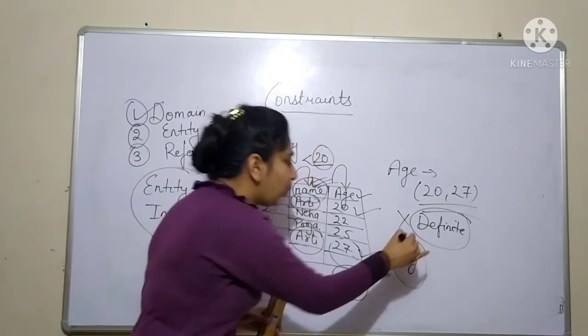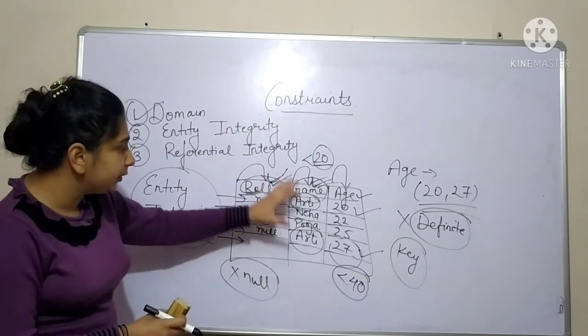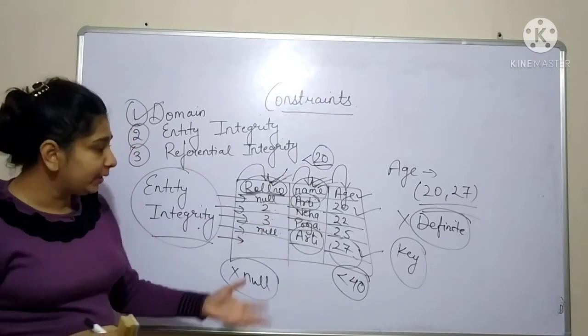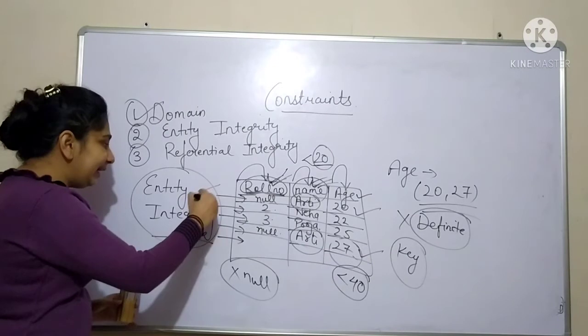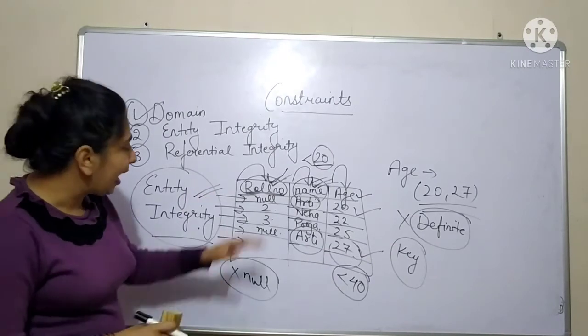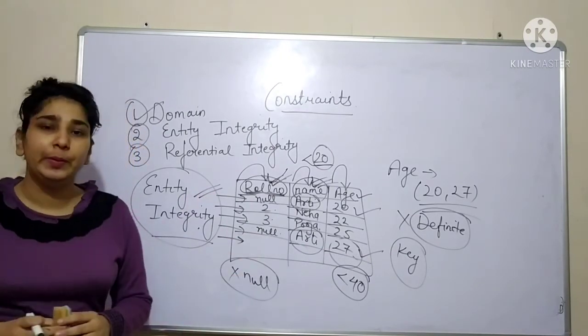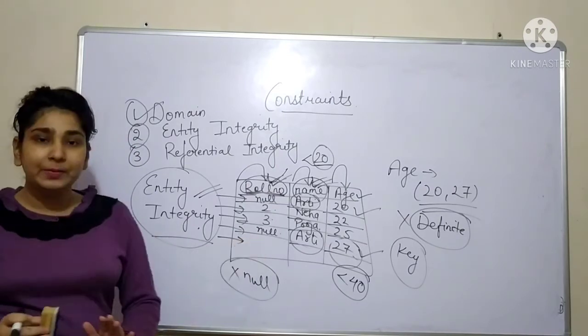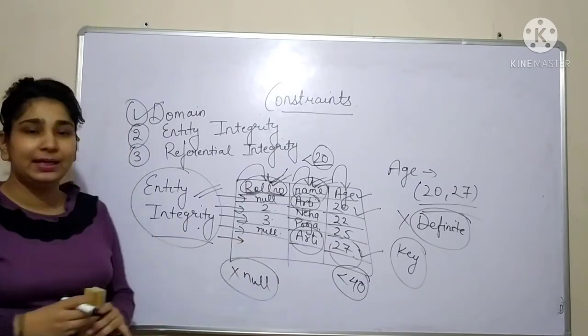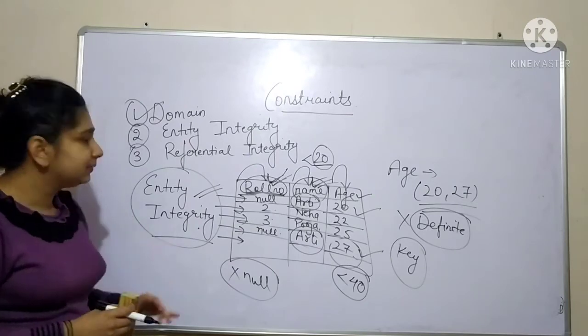Each and every query which you perform on your table, we will be doing only with the key attribute. So your entity integrity says your primary key attribute shouldn't be null. I hope that you are clear with entity integrity constraint.